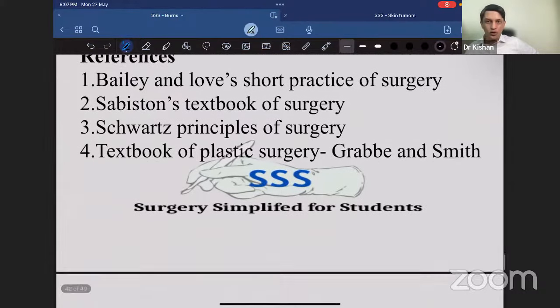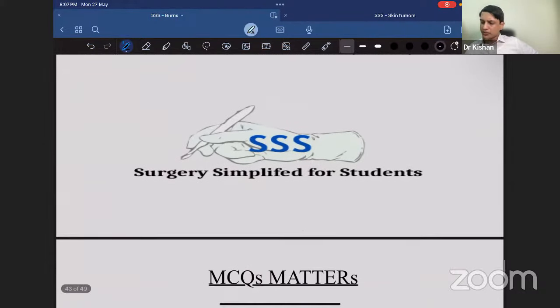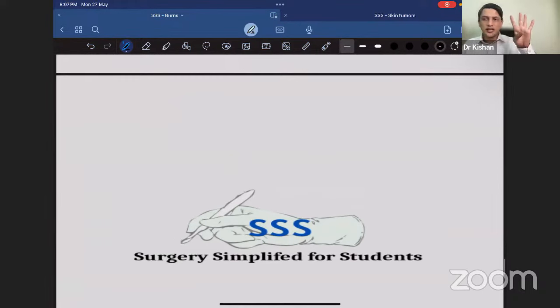That's about the burns topic. There are a few things you should know: burns classification and degrees of burns, first, second, third, fourth, and their characteristic features. Then Wallace's rule of 9 and the Parkland formula. These are very important.